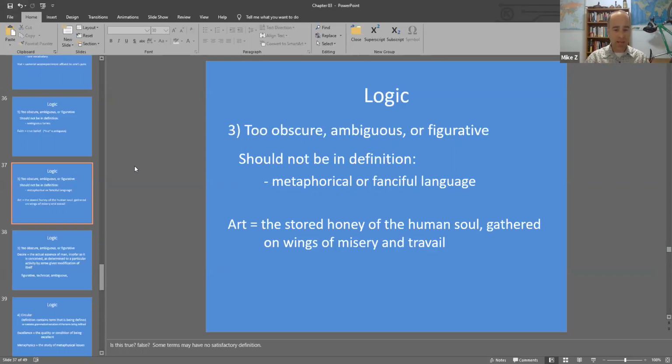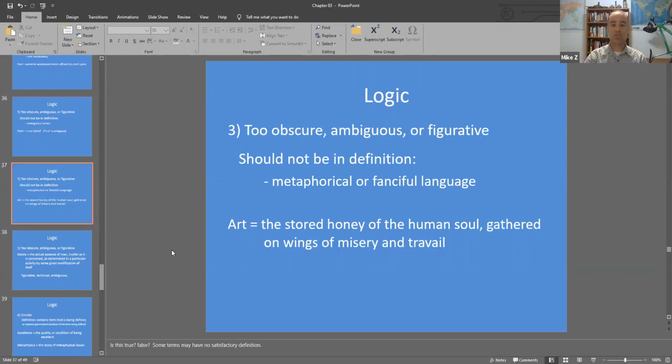Metaphorical or fanciful language. This is great for poetry or other kinds of literature. But when we're talking about definitions and specific arguments, and we're trying to evaluate whether the argument is valid or cogent, this kind of definition is absolutely not useful, right? So this term art, which, by the way, might be impossible to come up with necessary and sufficient conditions for, is notoriously difficult to define, but this is a particularly unhelpful definition.